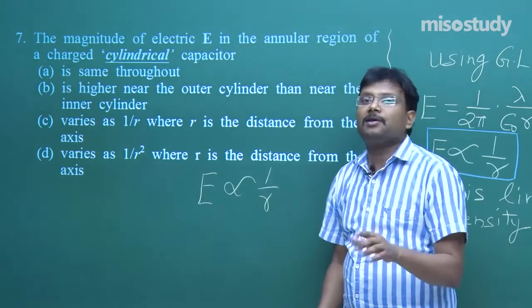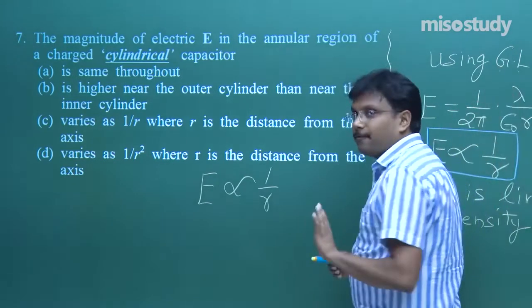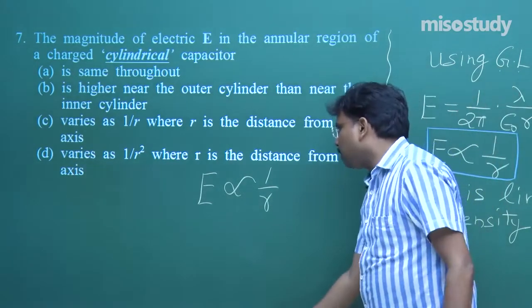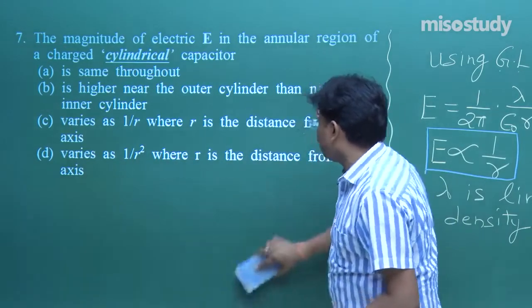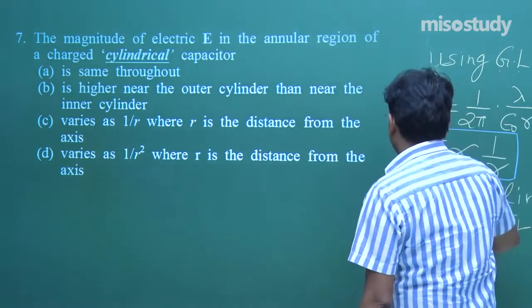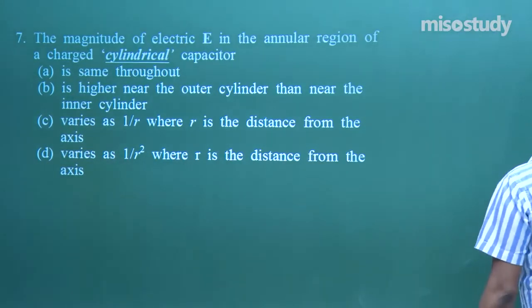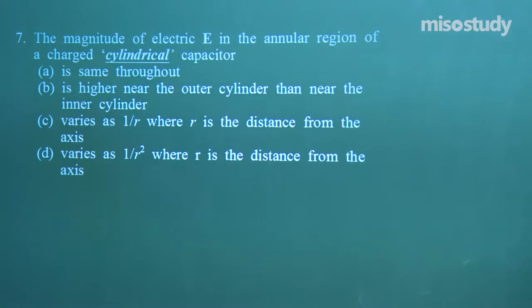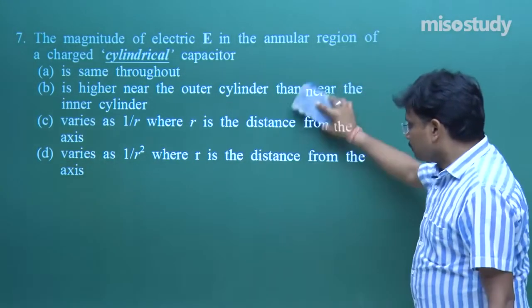Just to avoid this confusion, I mentioned Gauss law. This is just the application part of Gauss's law. If you are regularly watching our videos, then we prepared 2-3 videos on application of Gauss law. In those videos we explain all these things in proper depth.